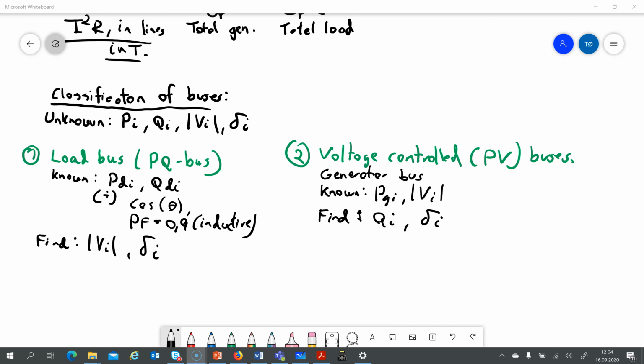So in this we imagine that the voltage is kept constant.